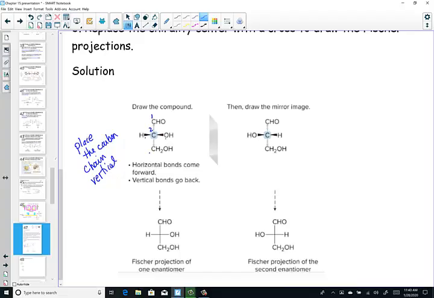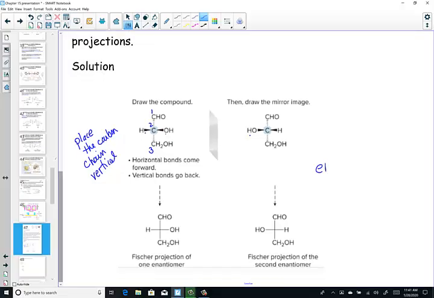Carbon 1, 2, 3. That's the longest carbon chain. We arbitrarily selected the hydrogen to the left and the hydroxyl group to the right. When we draw its mirror image, the hydroxyl group is to the left and the hydrogen is to the right. The reflection of one molecule. These are known as enantiomers.